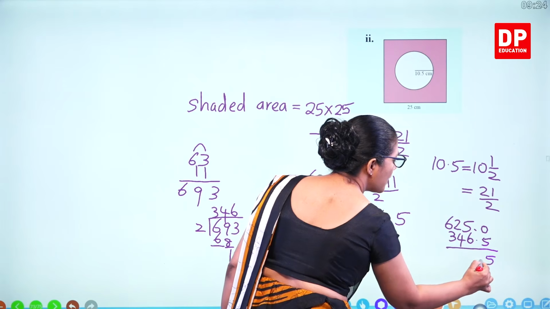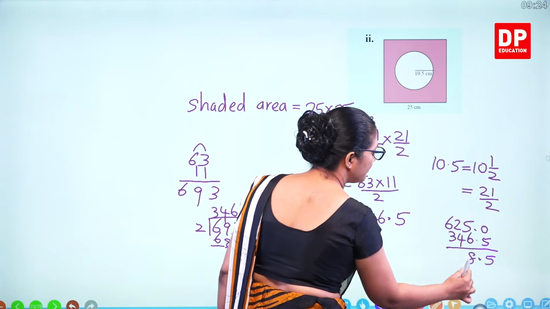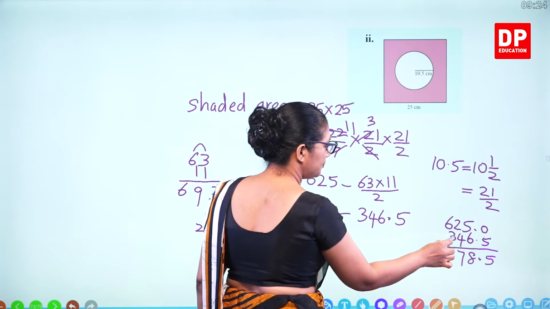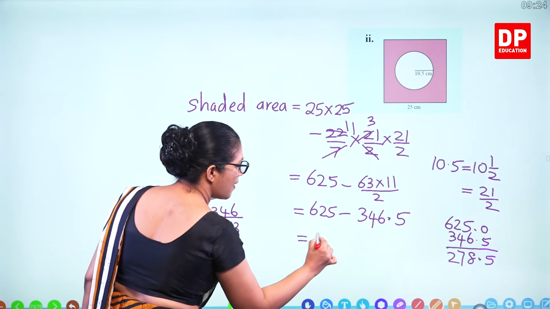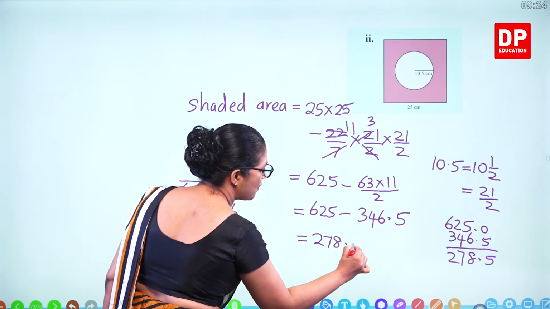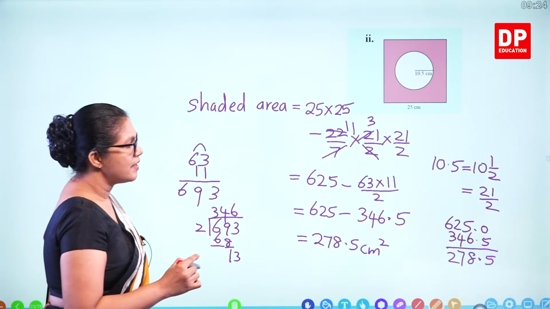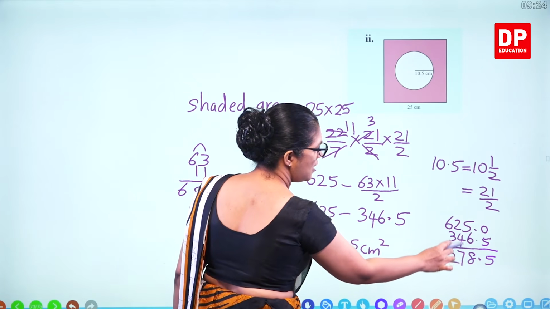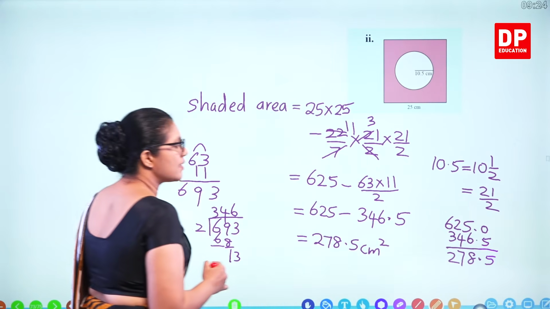You get 5 here, 8, 7 and 2. 278.5 square centimeters is the shaded region. So check it again. 10, 15 and then 12 and 6. So that's correct.